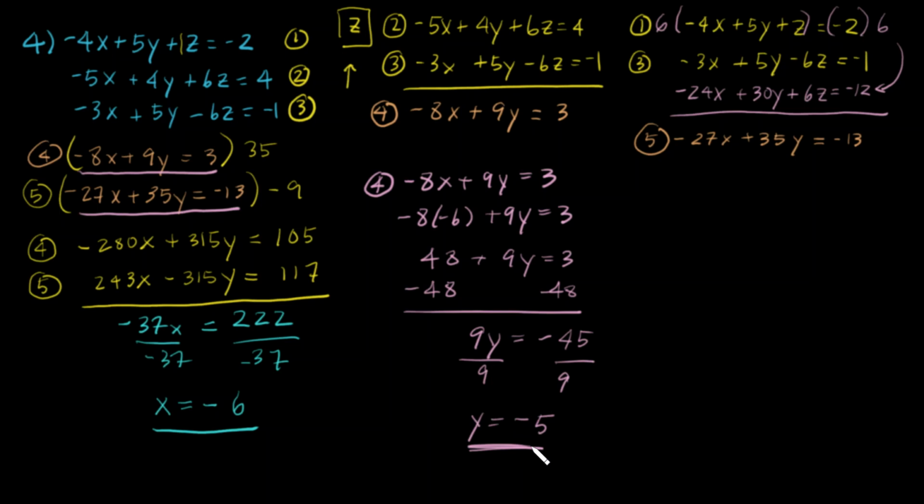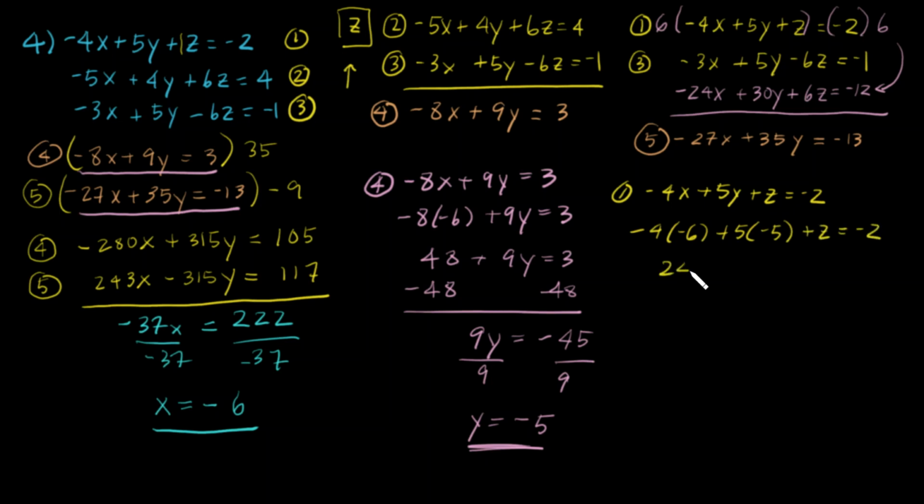Now, guys, let's go ahead and use one of the equations up here to get ourselves a z. I'm just going to use number 1. So that's negative 4x plus 5y plus z equals negative 2. So that is negative 4 times negative 6 plus 5 times negative 5 plus z equals negative 2.